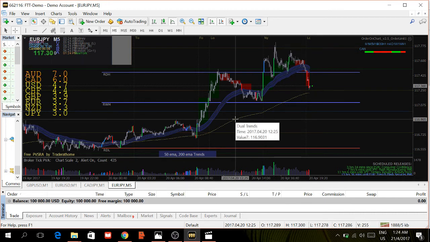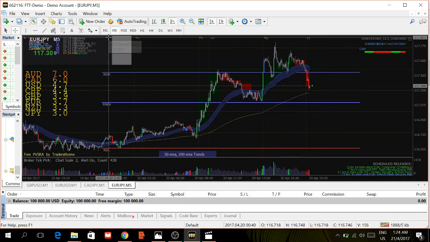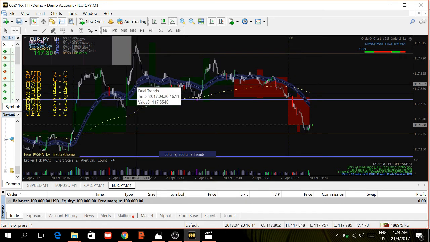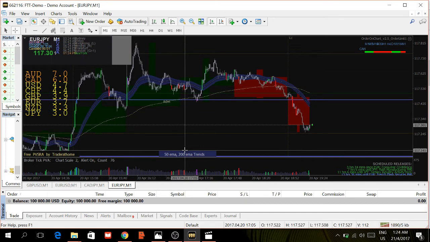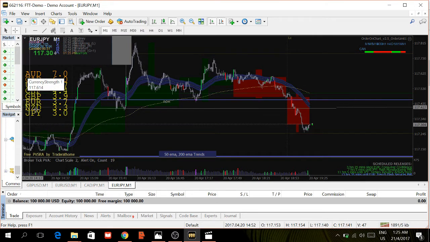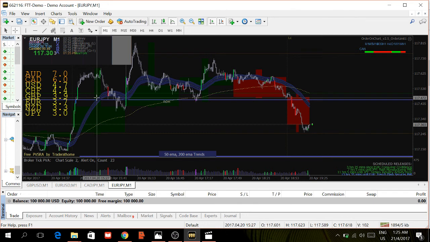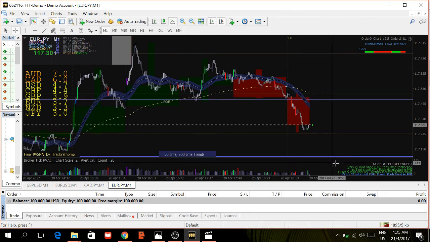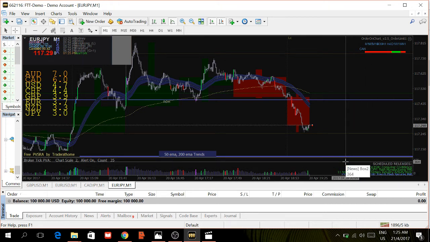Another thing that we also use in PVSRA, which was not originally from PVSRA, is the CSM, the currency strength meter, which you can see here. And we have this news panel on the bottom right, which gives us alerts about news.